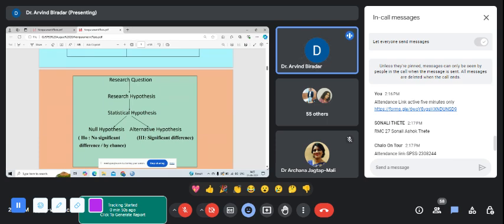To define the hypothesis, there are two parts: one is the null hypothesis and the other is the alternative hypothesis. Our research work is only on the null hypothesis. The null hypothesis, before conducting the experiment, is that there is no significant difference. After testing, it may be accepted or rejected based on the p values.